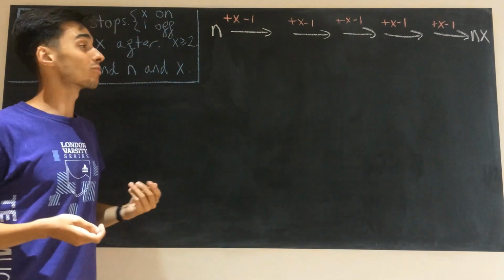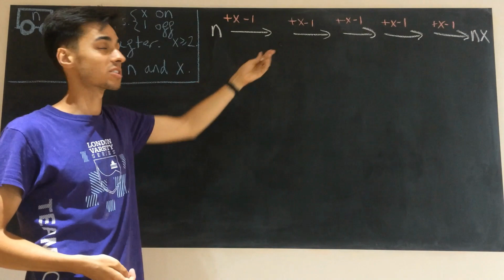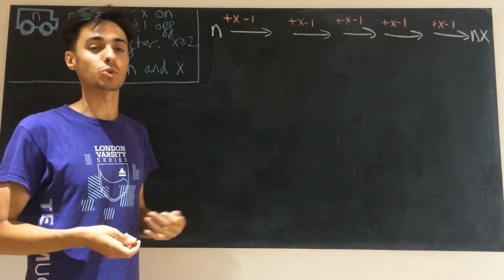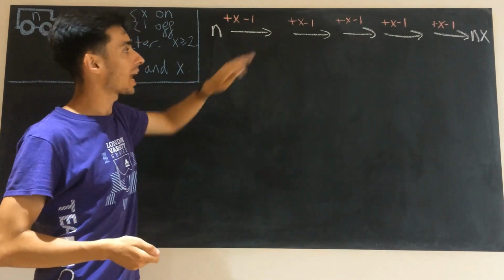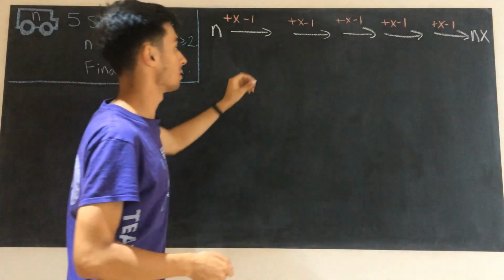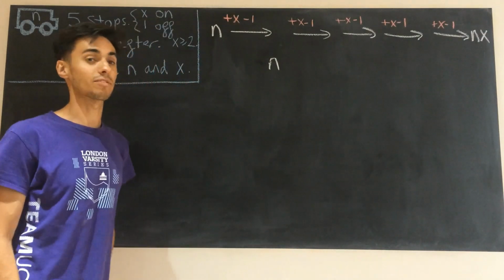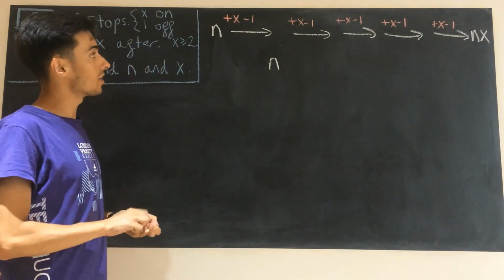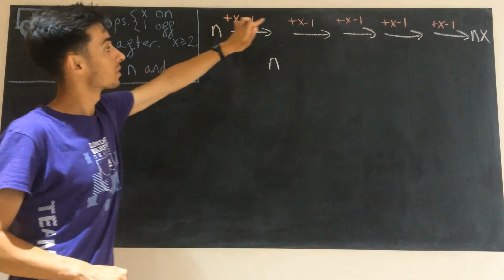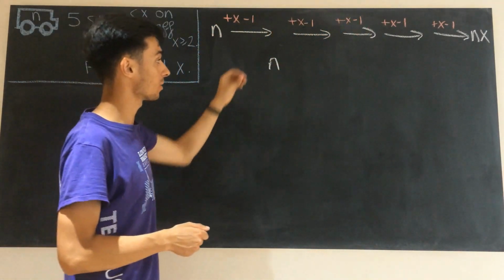At this point, we're ready to take this picture of what's happening on our bus and turn it into some algebra. So let's look at what this means for us. We start off with n people. So there's n people on my bus at first. And what I've done is added on 5 lots of plus x minus 1.